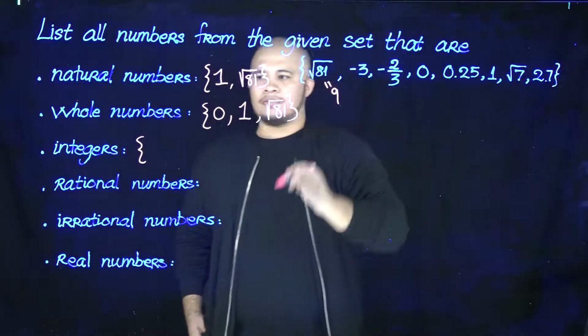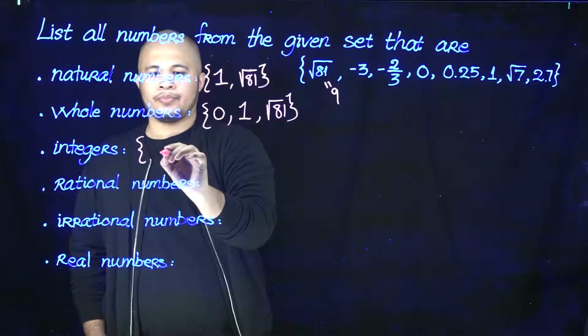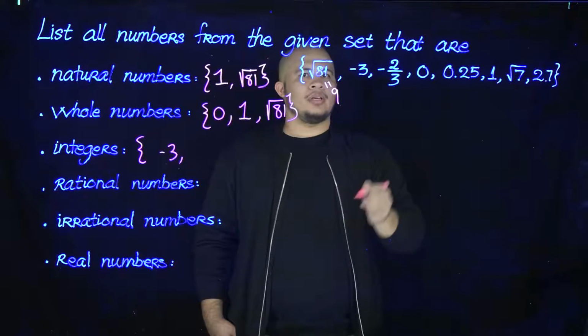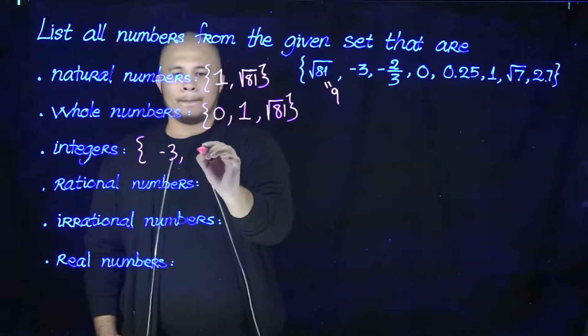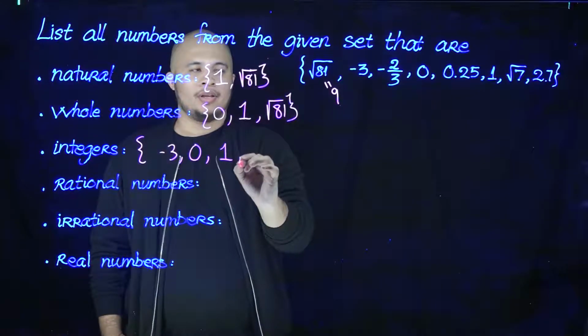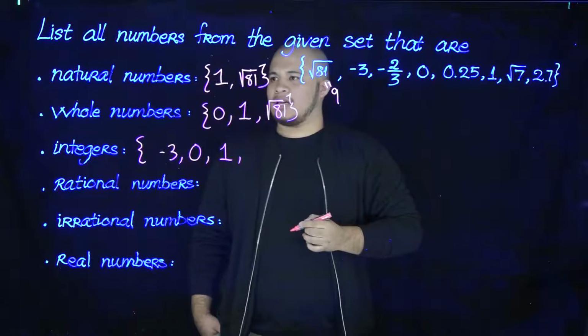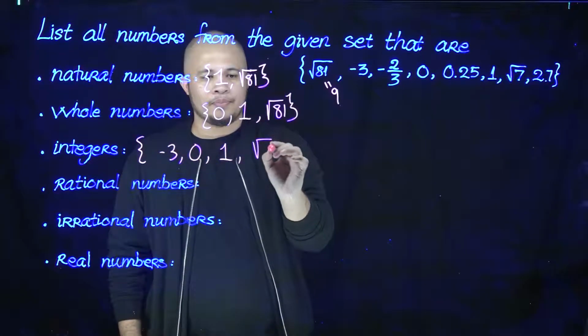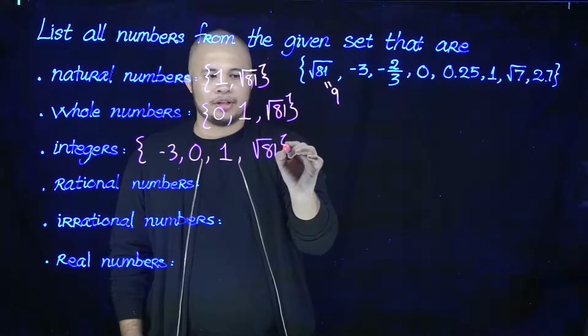So I notice a -3 here. That's part of my integer set. Notice we have 0, 1, and 9. 9 is an integer, so we're going to include square root of 81 in the integer set.